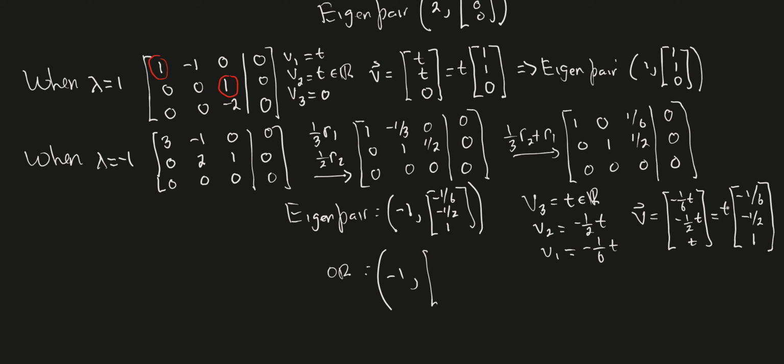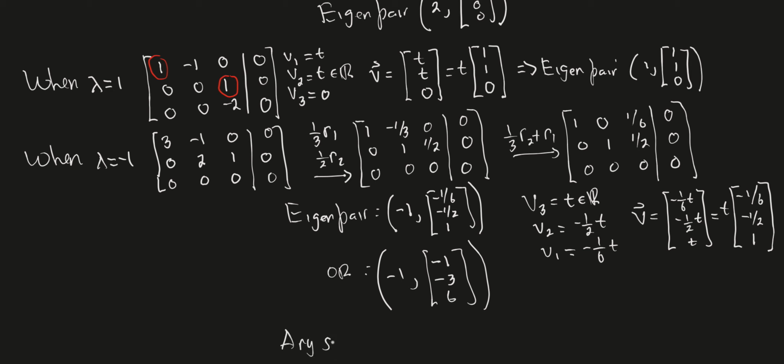So what if we let t be equal to 6? Then the eigenvector is going to be -1, -3, and 6. So you can take any scalar multiple of an eigenvector to get another eigenvector.